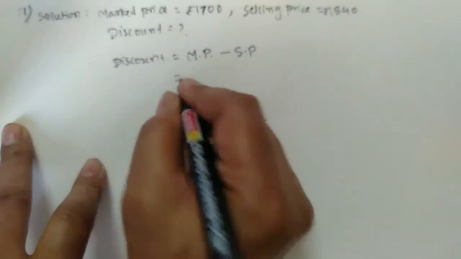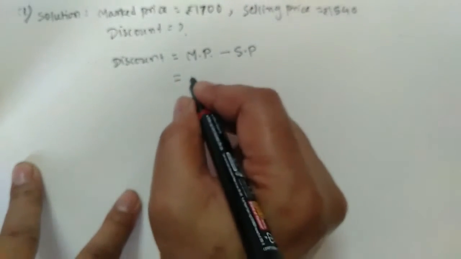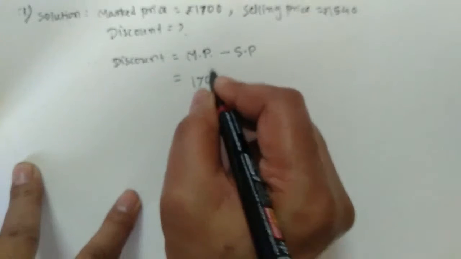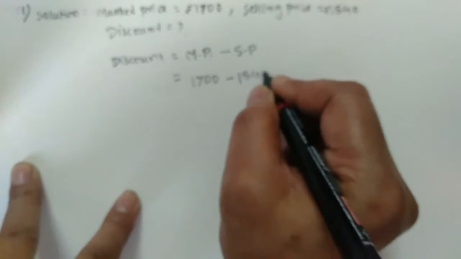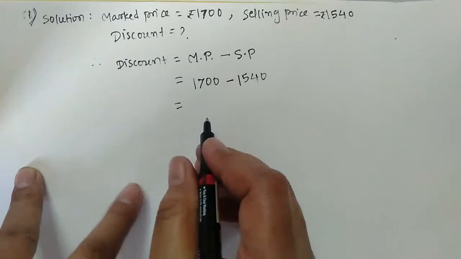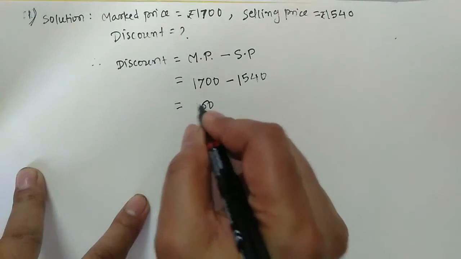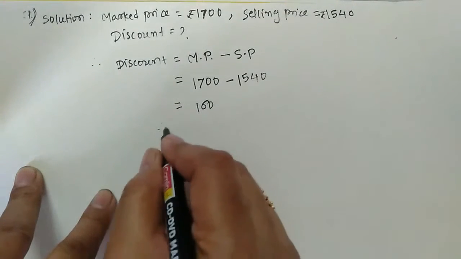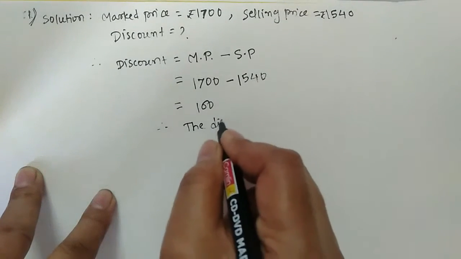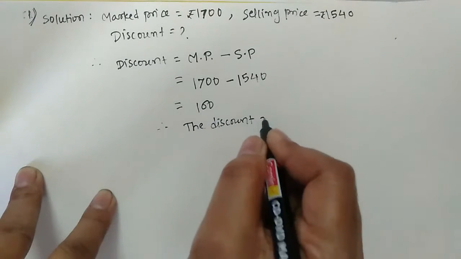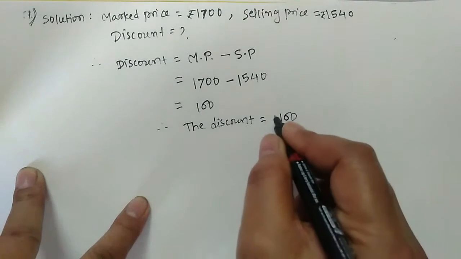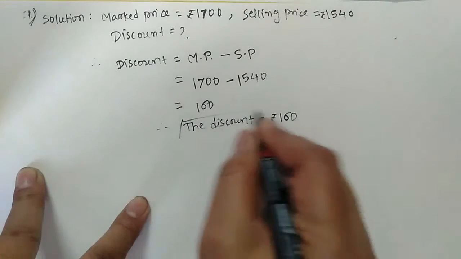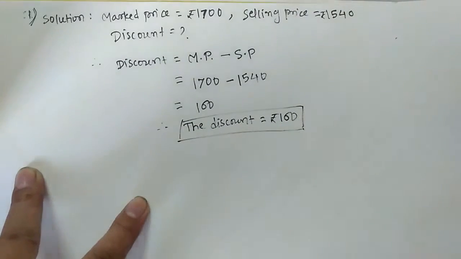Okay, so mark price is 1700, put the values, minus selling price is 1540, so it is 160. Therefore the discount is equal to 160 rupees. Very simple.